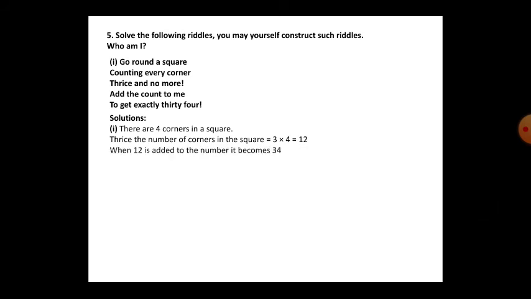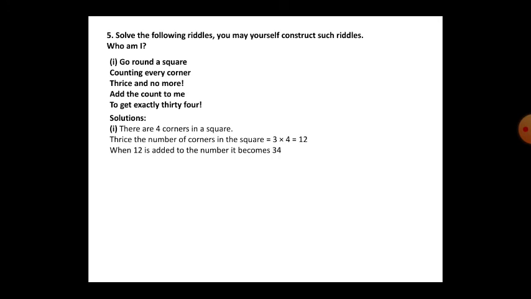So let me solve this. See, there are four corners in a square. Thrice the number of corners means 3 into 4, that is 12. So when 12 is added to the number, it becomes 34. Which is that number? How to find?